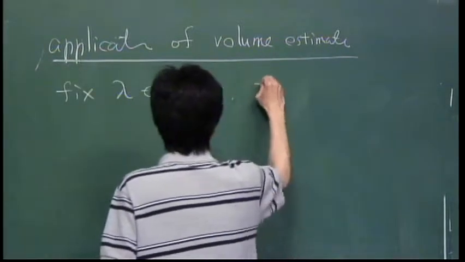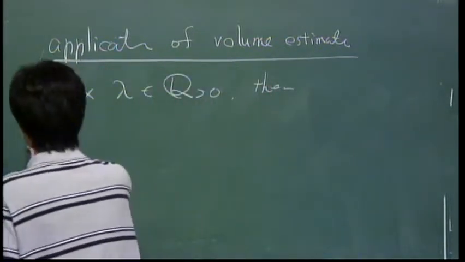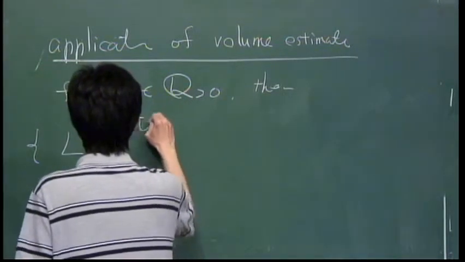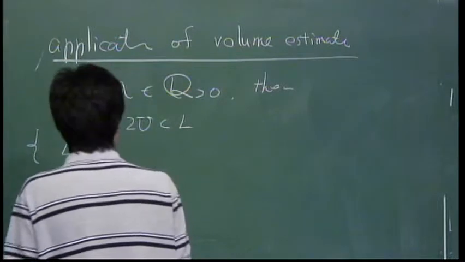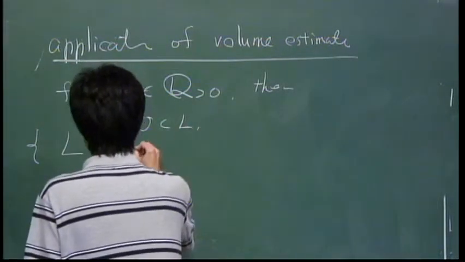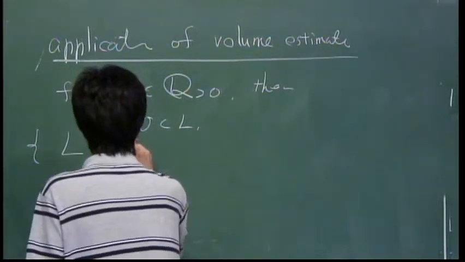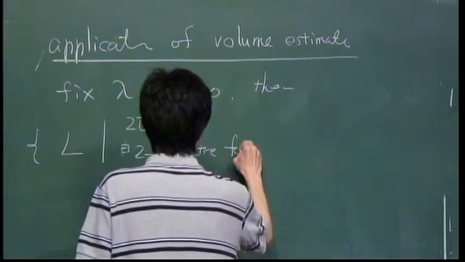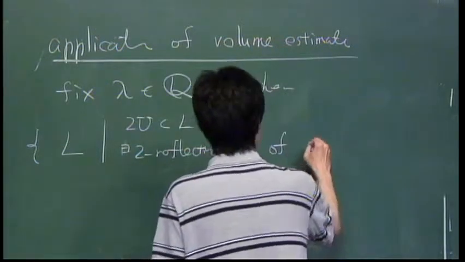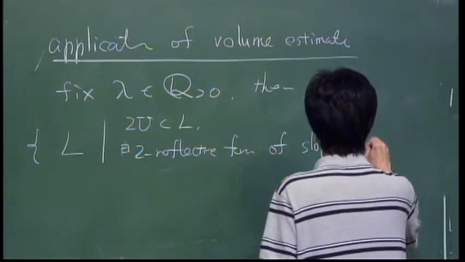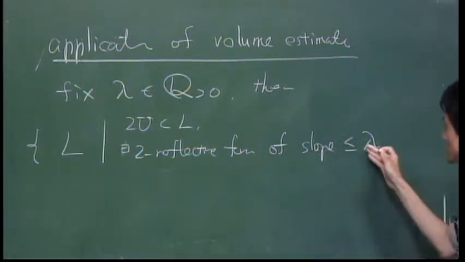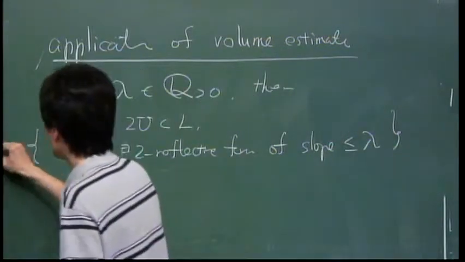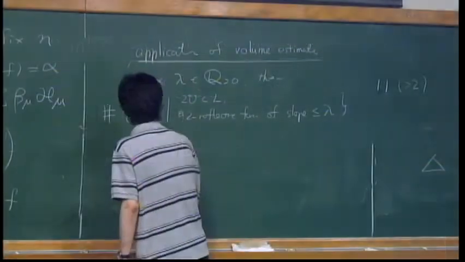Then the number of lattices such that there exist 2 hyperbolic planes, and L has a 2-reflective form of this bounded slope, is finite. The number of such lattices is finite.